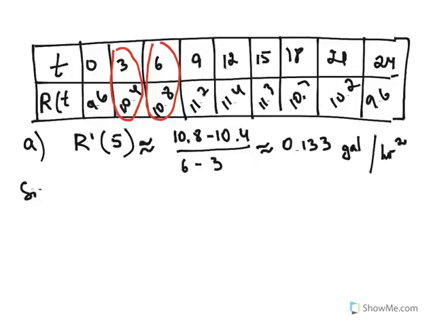Now, because they want us to explain more, you say R prime of 5 is greater than 0. It is, right? Because we got 0.133.